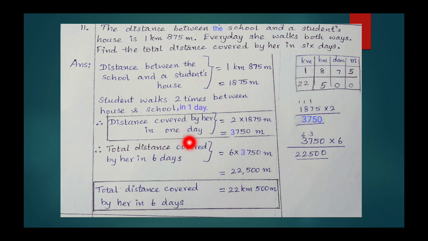But this is not the required answer. The required answer is the distance covered by her in 6 days. So the distance covered by her in 1 day is 3750 meter. So the distance covered by her in 6 days is 6 into 3750 meter, so 22,500 meter. Okay. So this is the answer.